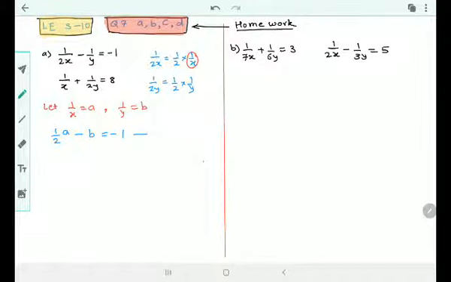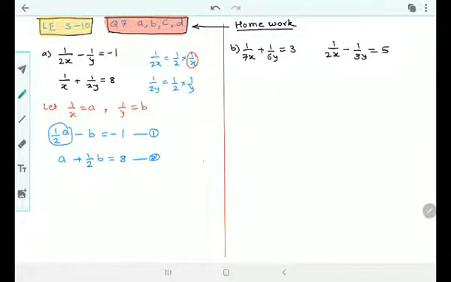And this is going to be my equation number 1. 1 upon x is A plus 1 upon 2y, meaning 1 upon 2 into 1 upon y, that is B, is equal to 8, and this is equation number 2. I hope you understood. Good.